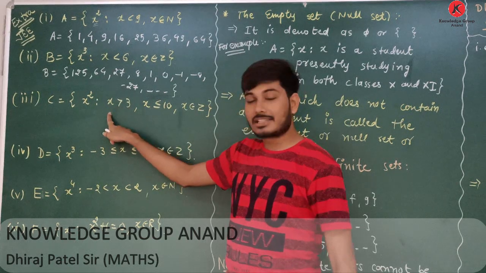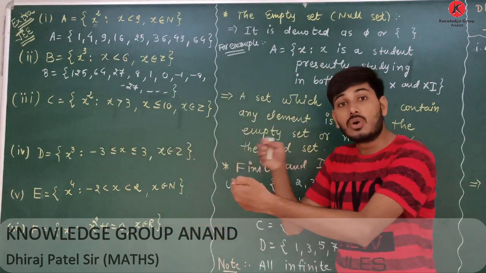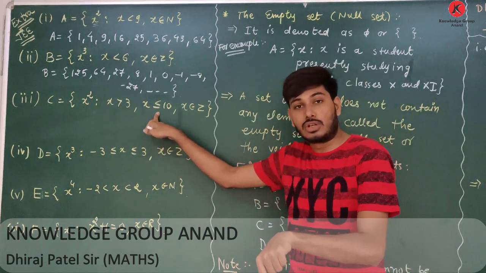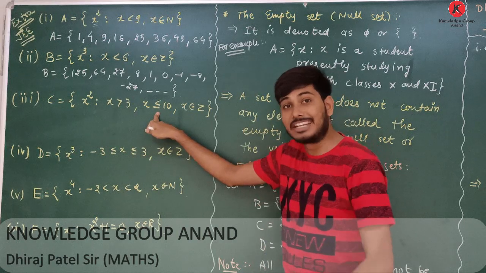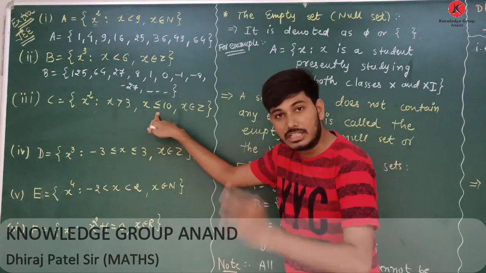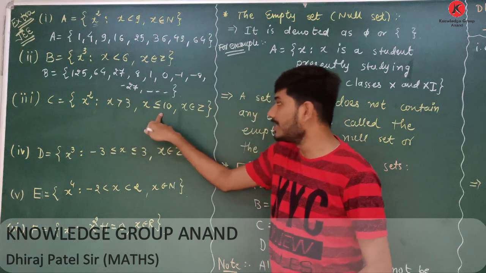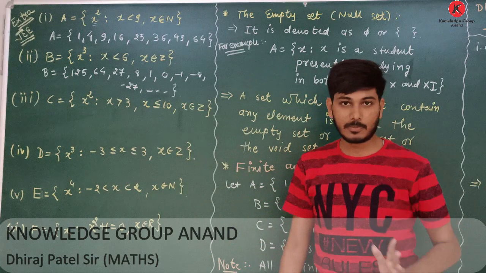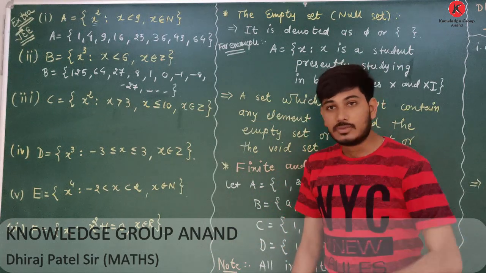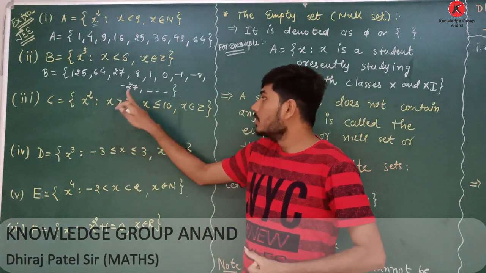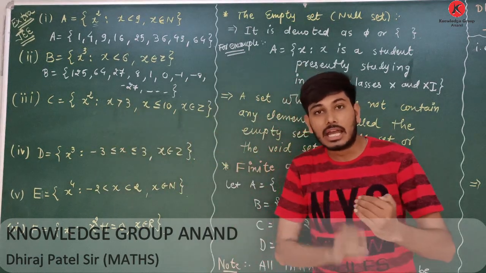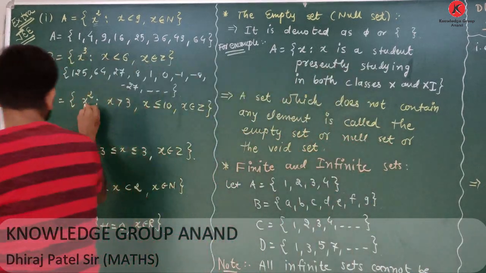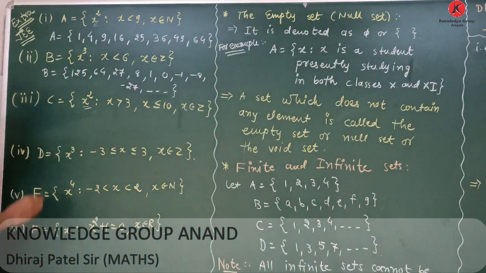The first one, x greater than 3, means 4, 5, 6, 7, 8, 9, 10, and x less than or equal to 10, so you have to stop at 10. Therefore, the integers lie between 3 and 10, and you have to include 10 but not include 3. Therefore, we are getting 4, 5, 6, 7, 8, 9 and 10. These are the values of x, and we have to write the value of x square here.